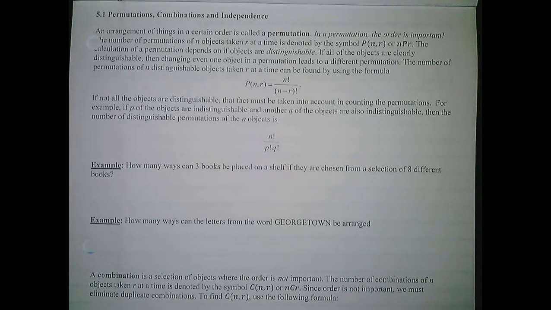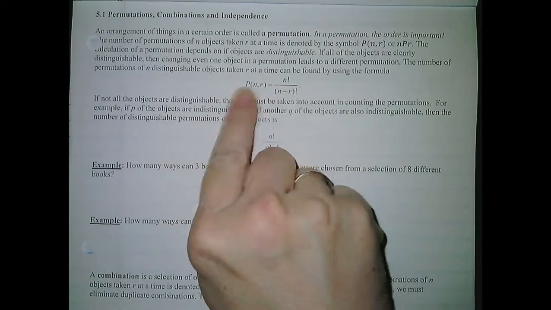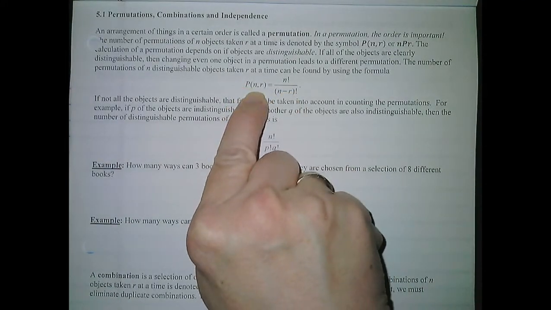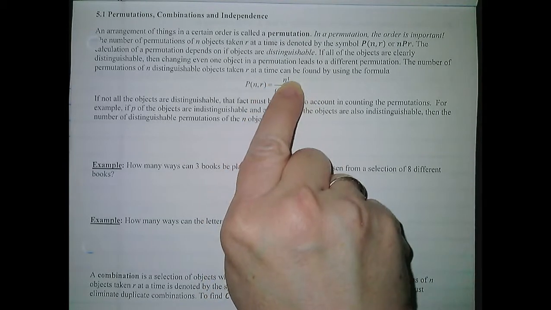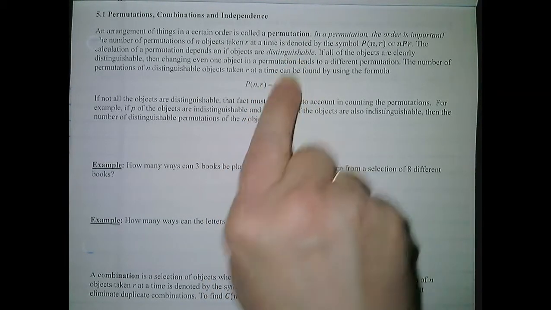So the number of permutations of n distinguishable objects taken r at a time. So we have n distinguishable objects, and we're going to put r of those objects in a certain order. We can find that by using this formula where our permutation of n objects taken r at a time is equal to, and this little exclamation point means factorial.